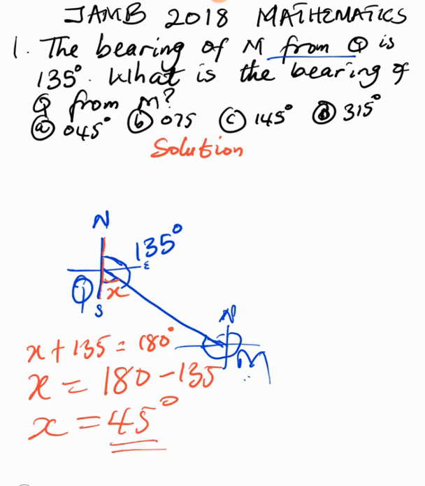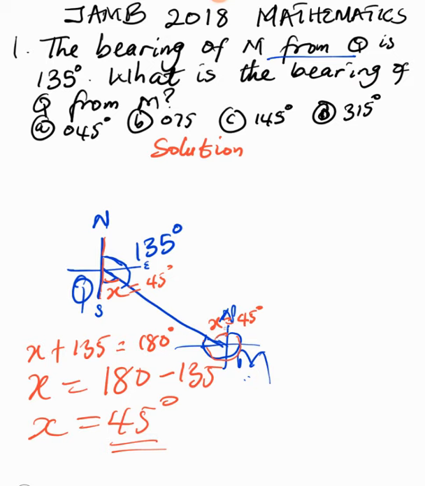Now, to look for the bearing of Q from M, which is this very point, we need to find this angle, which is equivalent to X because it's alternate angles. So X is equal to 45 degrees here, therefore it will be equal to 45 degrees here.